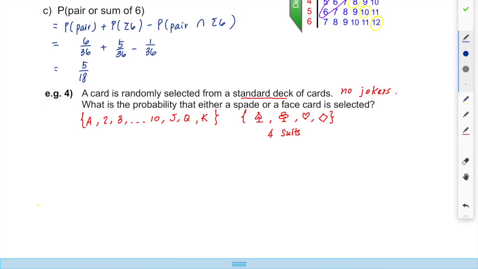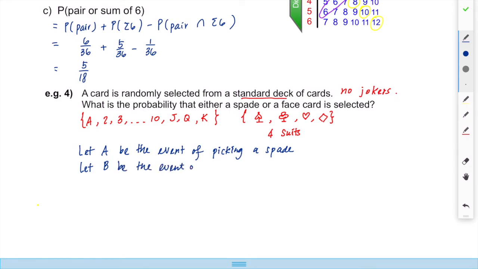So our question here is, what is the probability that either a spade or a face card is selected? If you want to avoid writing spade and face repeatedly, what we can do is we can say let A be the event of picking or drawing a spade, and then let B be the event of drawing or picking a face card.